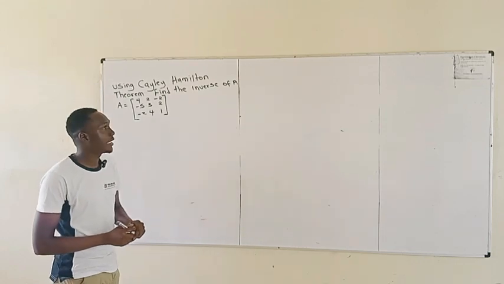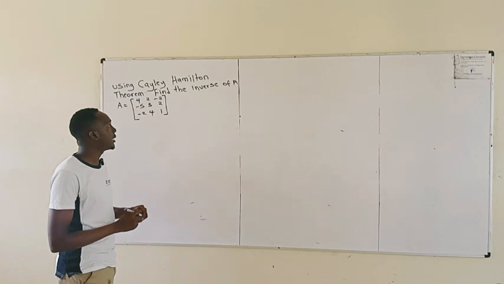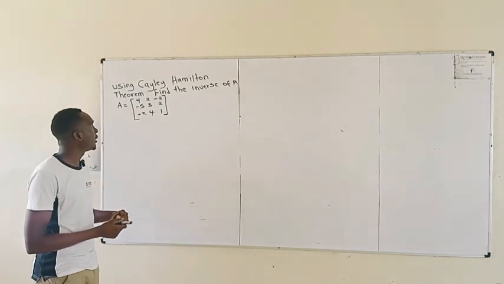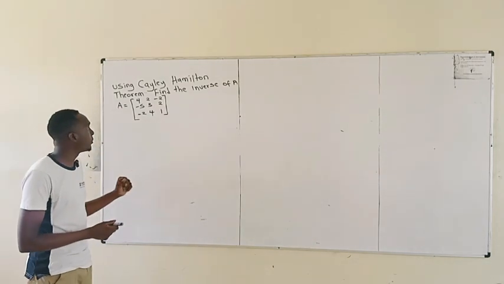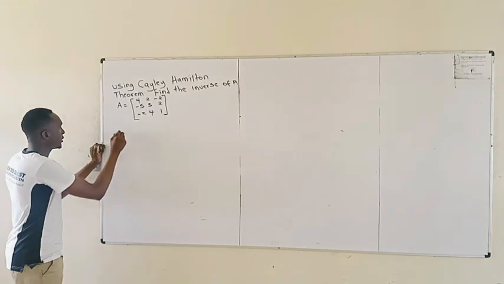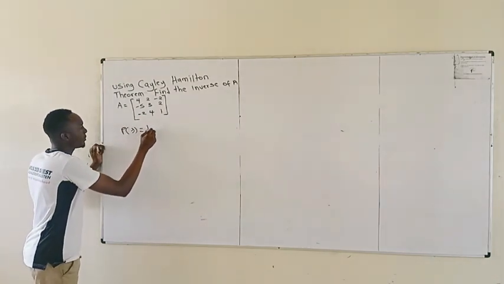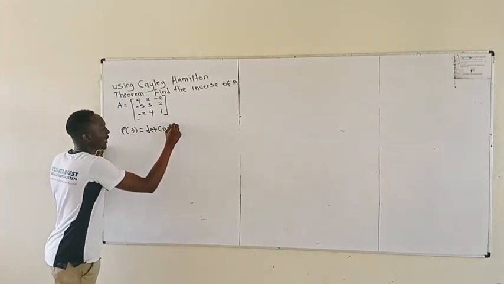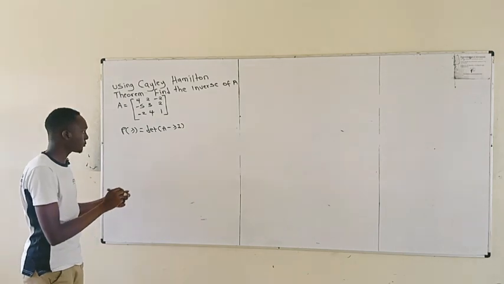Today we want to find the inverse of a 3 by 3 matrix using the Cayley Hamilton Theorem. To find the inverse, we should find the characteristic polynomial of A in terms of lambda, which is P of lambda equal to the determinant of A minus lambda times the identity matrix.